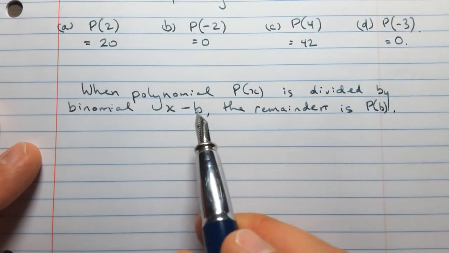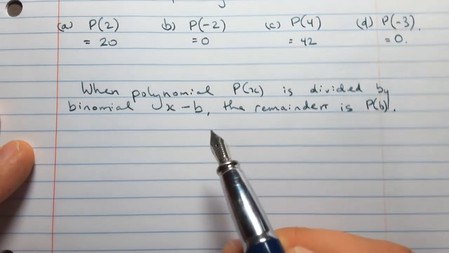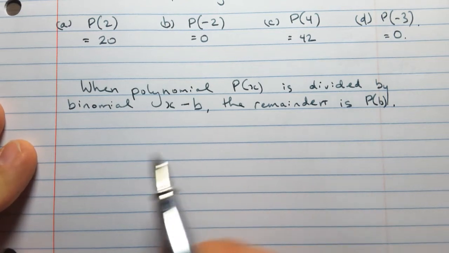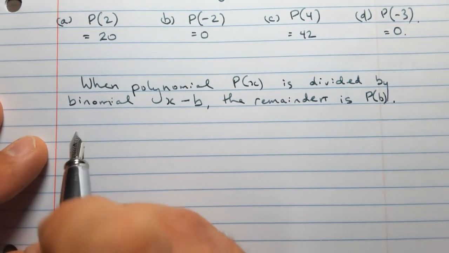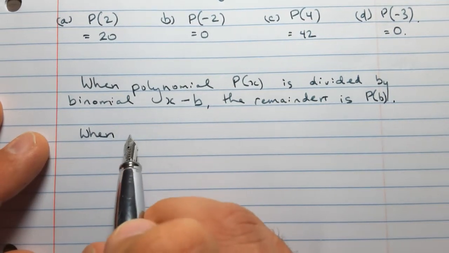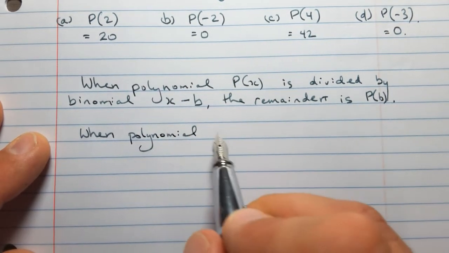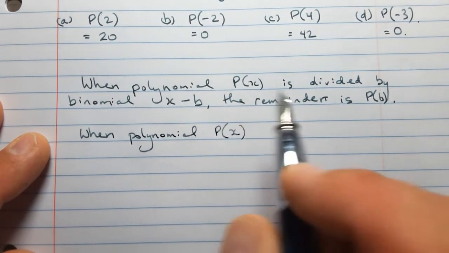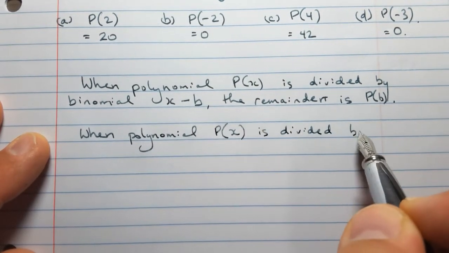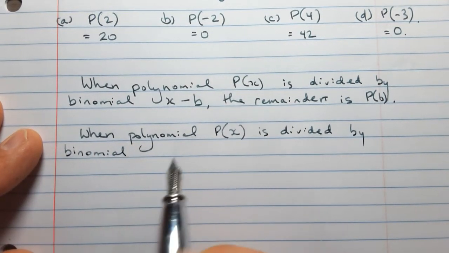Now that's fine if we're looking at a binomial like this, but there's an extension of this where we could have something a little different, like a 2x minus 7, that kind of thing. So I'm just going to write that down right now. I'm not going to show you examples of it to prove it or demonstrate it to you. When polynomial p of x is divided by, once again, a binomial, but the style is a little bit different.